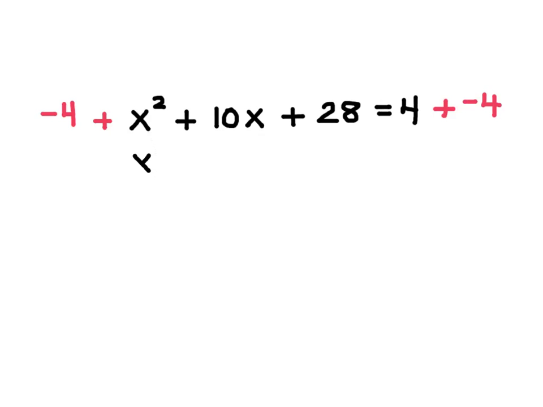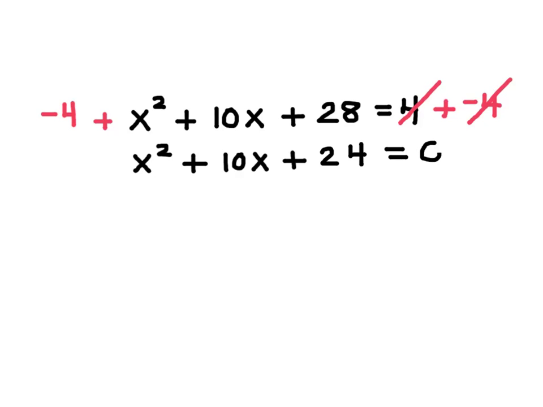On the left-hand side, we have x squared plus 10x plus 28 plus a negative 4. We're going to add the negative 4 and the 28. And when we do that, we get a 24. On the right-hand side, because 4 and a negative 4 added together are 0, we get a 0 on the right-hand side. That's what we wanted.